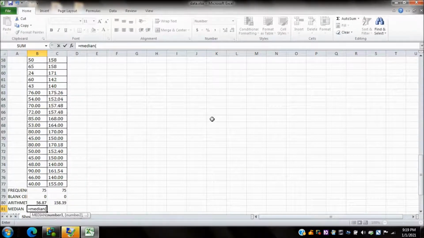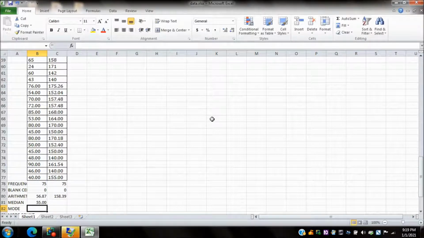MEDIAN, left parenthesis, B3 colon B77, right parenthesis. And I'll press enter. The midpoint or middle weight here is 55.00 kilograms.